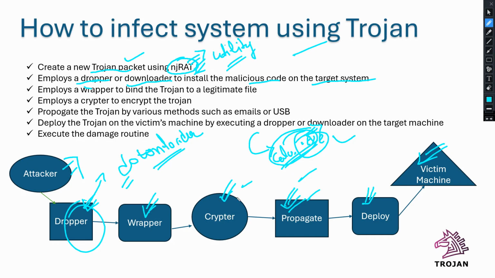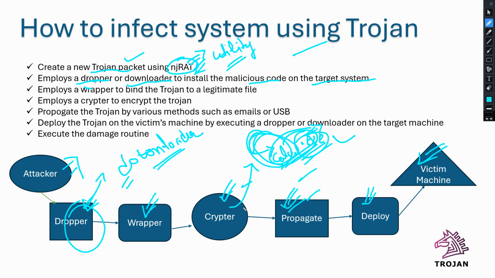After that, the attacker employs a cryptor to encrypt that Trojan code with this legitimate application so no one can detect it.